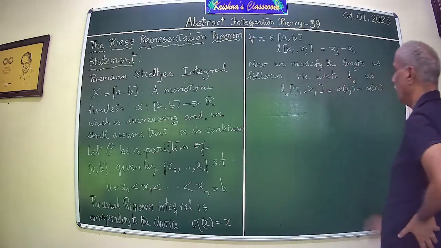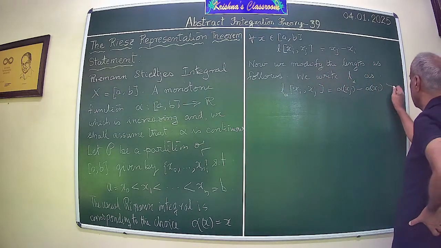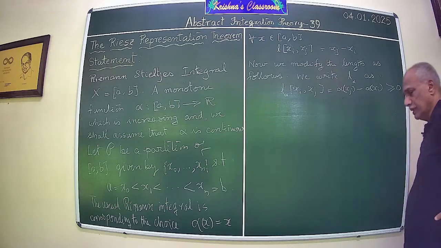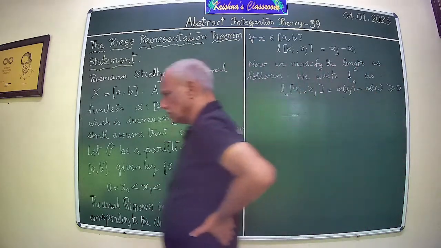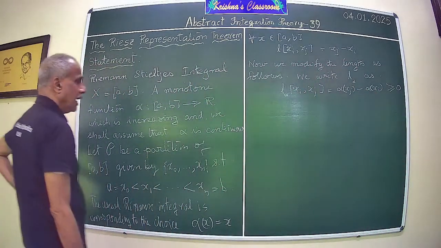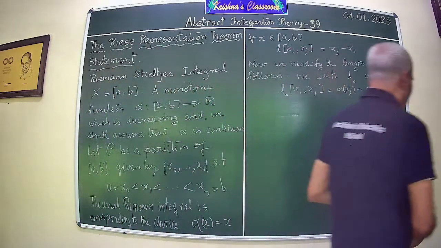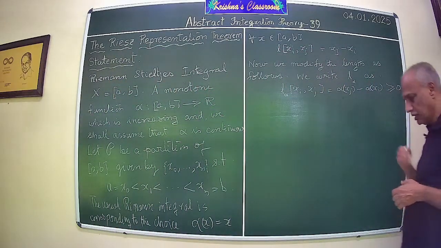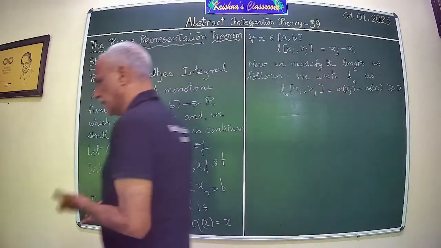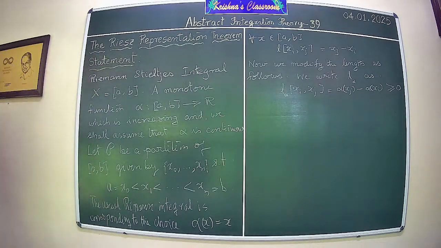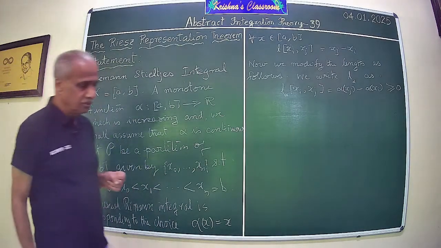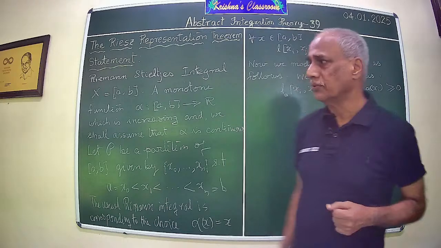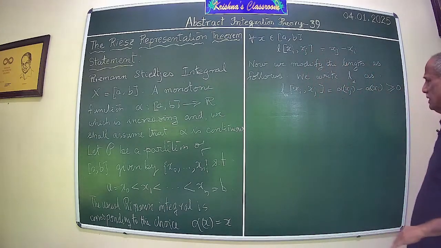Because this is a monotonically increasing function, therefore this is greater than or equal to 0 for every choice of i and j. And then of course the usual technique of finding the lower integral and upper integral is considered, and then you get the definition of the integral. So I am not going into the details of that.